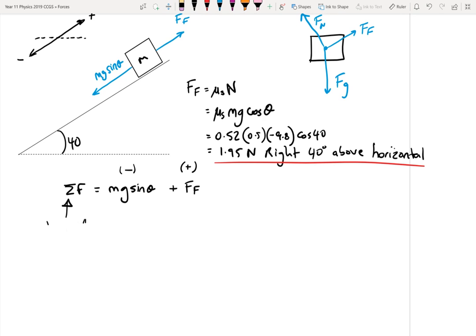So, our sum of all forces is 0.5 times 9.8 sine 40, and then we'll have a negative in there, plus our 1.95. So that's minus 3.15 plus 1.95.